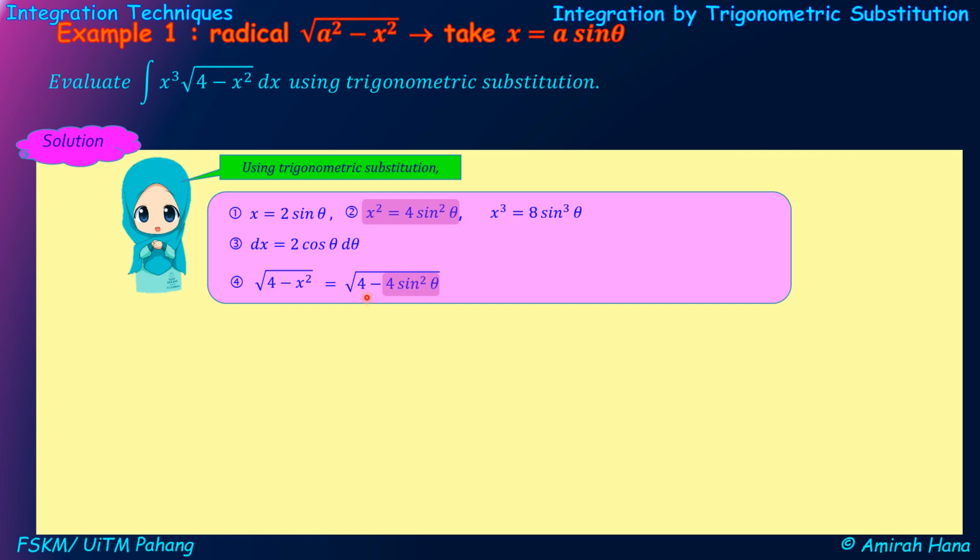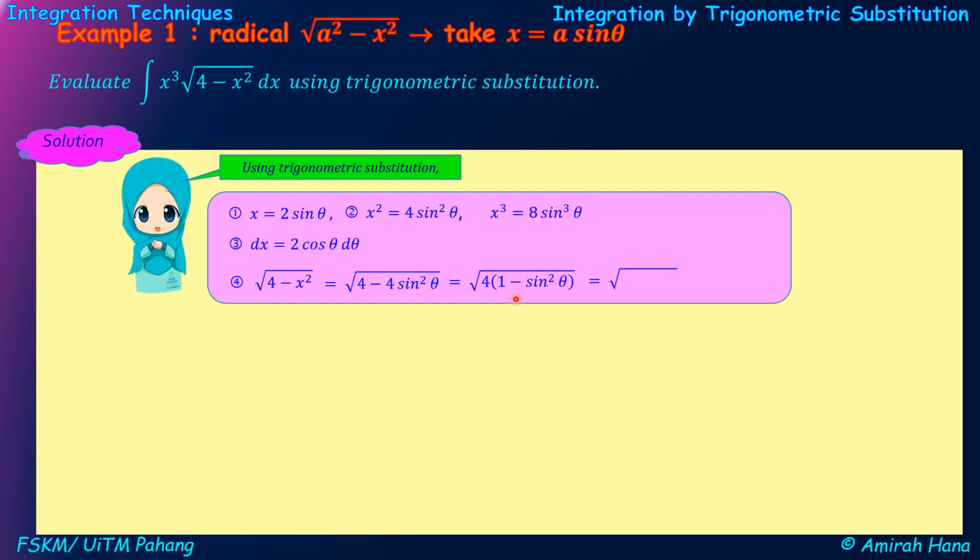Right? And from here, we have the same constant 4 and 4, so we can factorize 4. So we get square root of 4 times in bracket 1 minus sin squared theta, so that when we expand, we will get back 4 minus 4 sin squared theta.